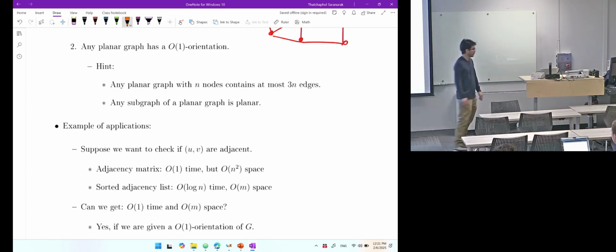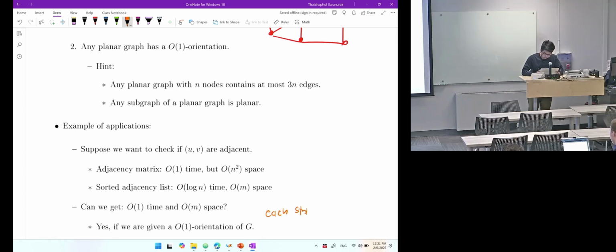So exactly, basically each node stores its out edges, or out neighbors.